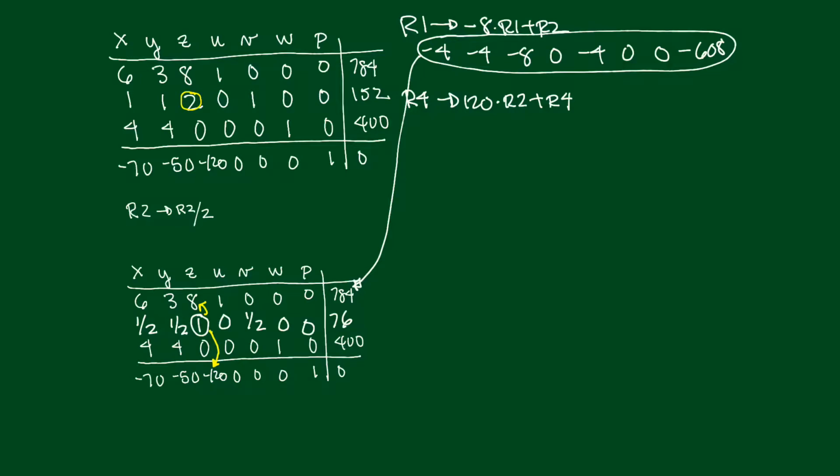Take that 120 and multiply it through every one of those numbers in row 2. So 120 times 1/2 is 60, another 60, a 120, a 0, another 60, and 2 more zeros, and I got a 9120 when I made that multiplication.